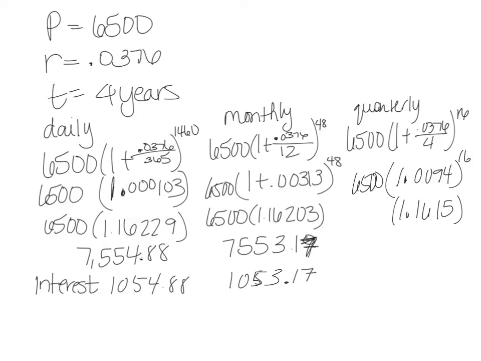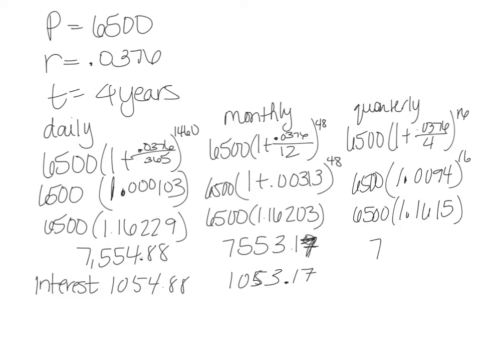I'm rounding on my written work, but I'm not rounding in the calculator. 1.1615 times 6,500.